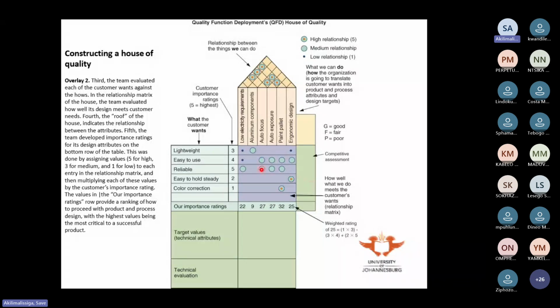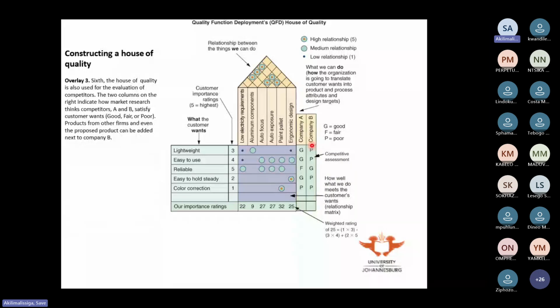You can also go to the market and identify some products that your competitors currently have on the market. And then you are going to compare, or check how those companies' products are able to meet or satisfy this customer want here.